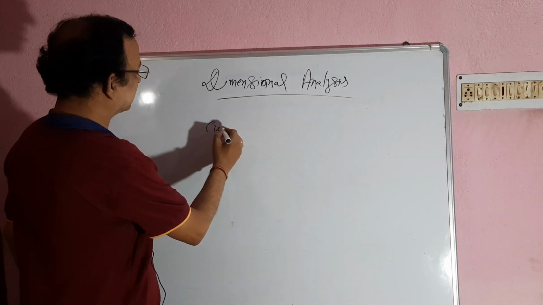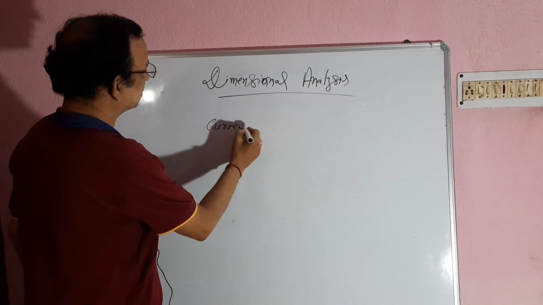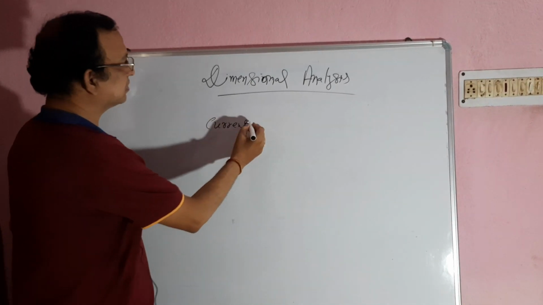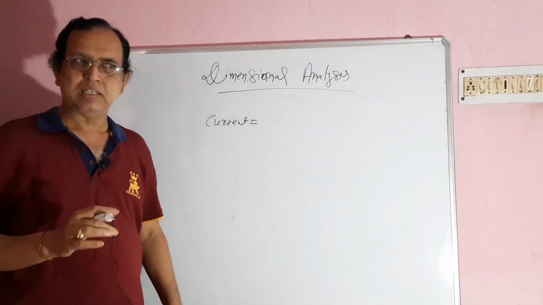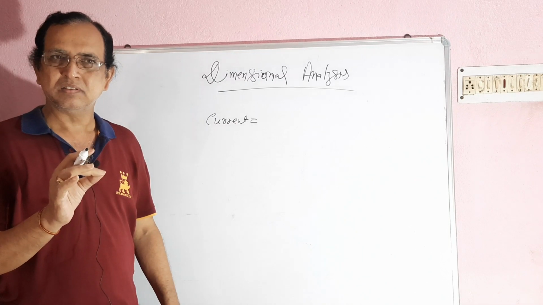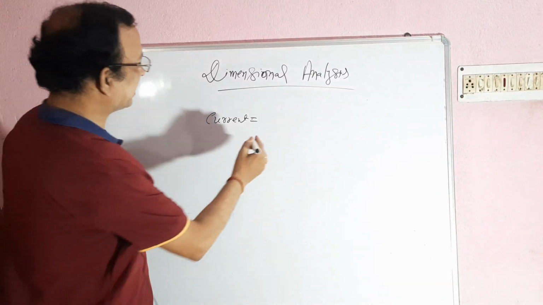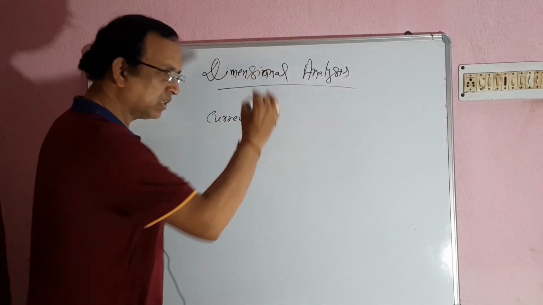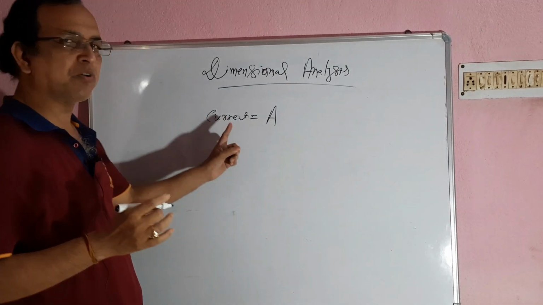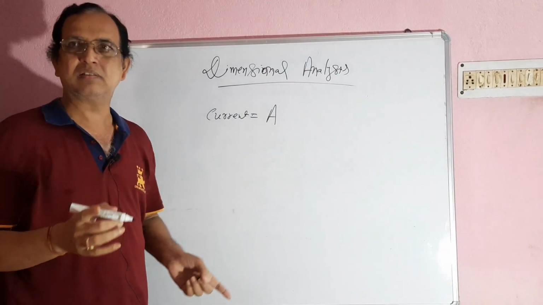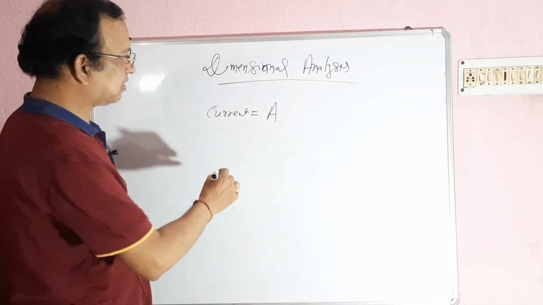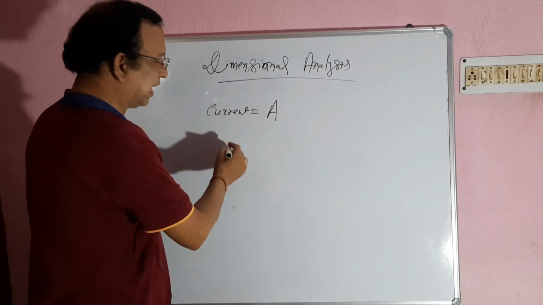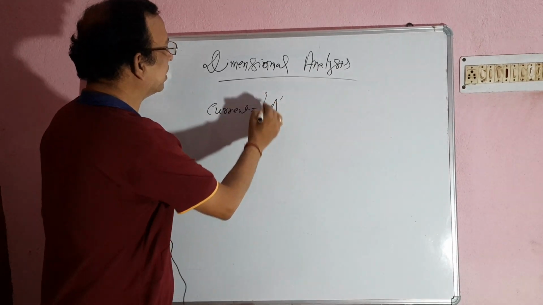Okay, next, current. Current is a quantity whose dimension is A. Why? The unit of current is ampere. The first letter is A. So the dimensional formula of current is A1.